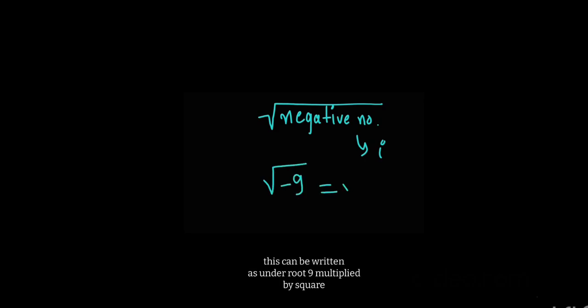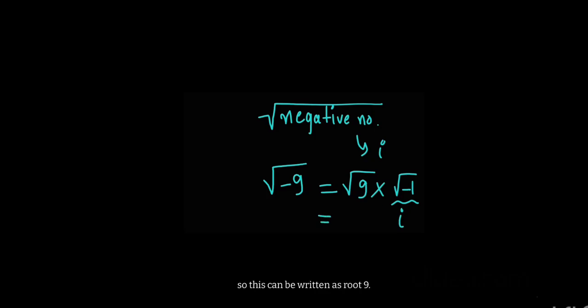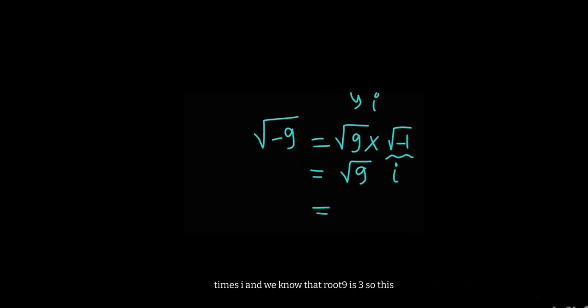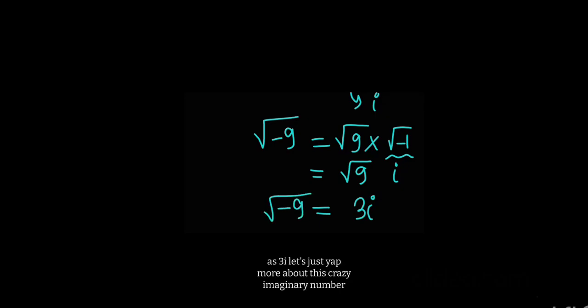This can be written as square root of 9 multiplied by square root of negative 1. And we know that square root of negative 1 is i. So this can be written as root 9 times i. And we know that root 9 is 3. So this is 3i. So the square root of negative 9 can be written as 3i.